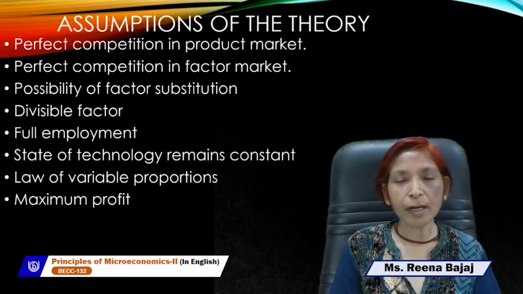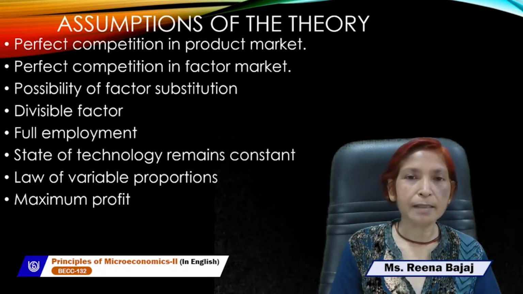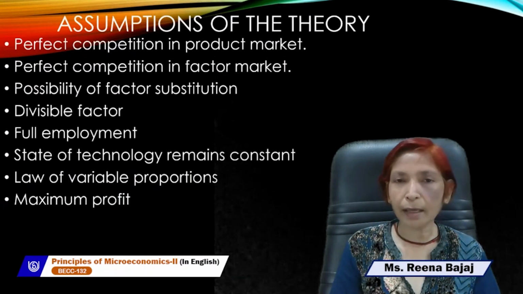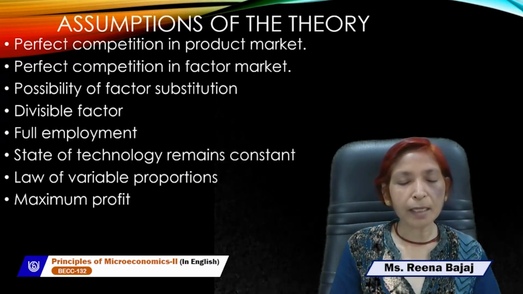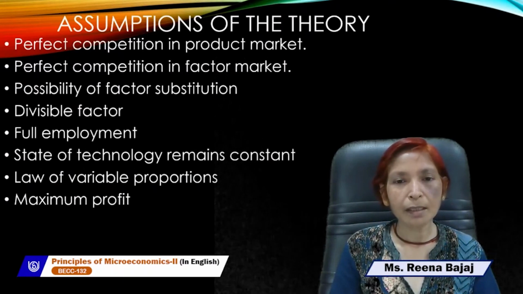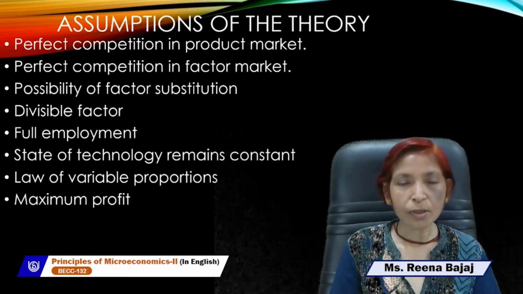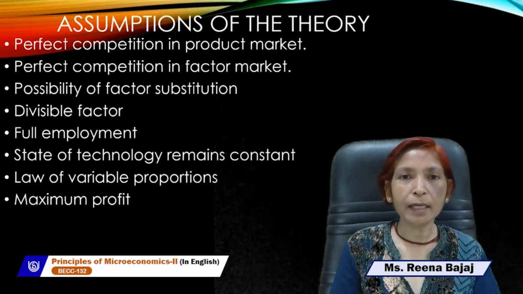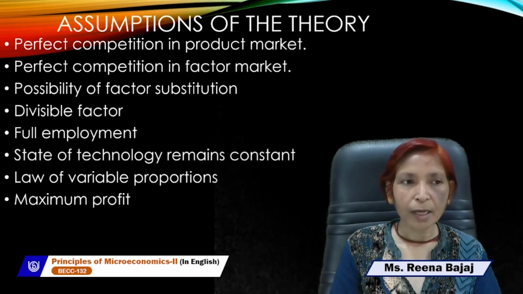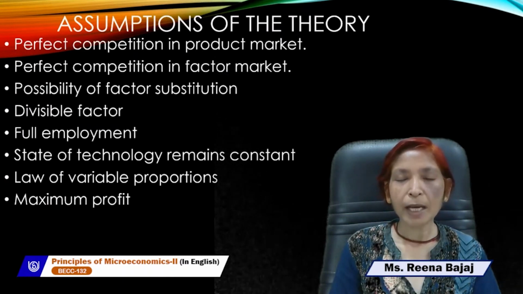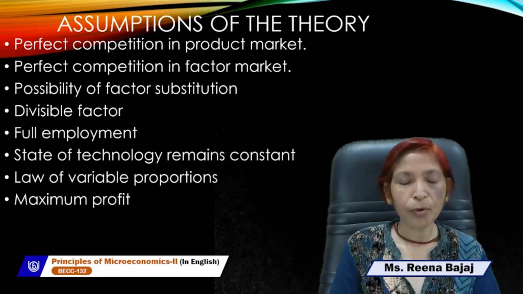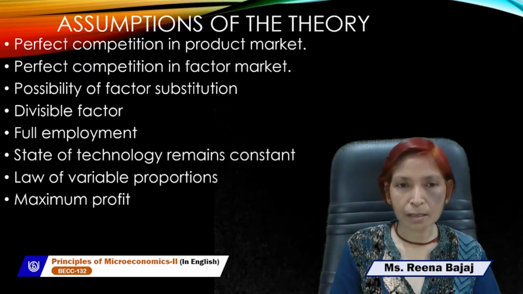There is full freedom of entry and exit. A firm can enter the market at any time and can exit from the market at any time. Under this market, price remains the same, the product remains the same, and no selling cost is needed.